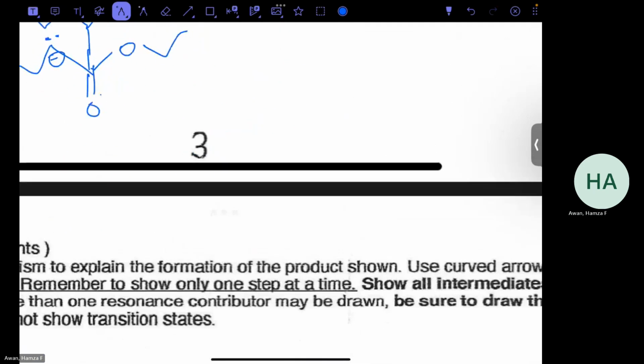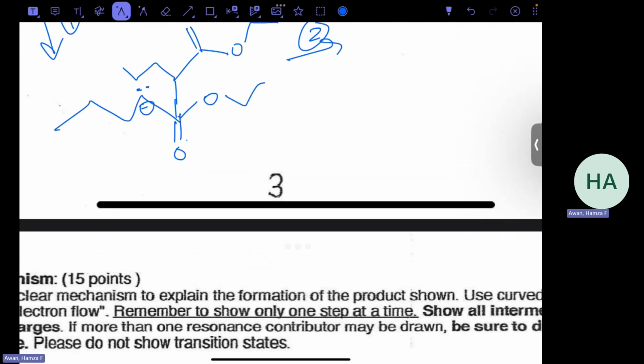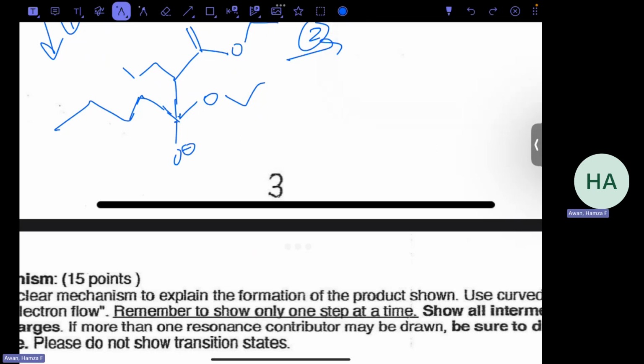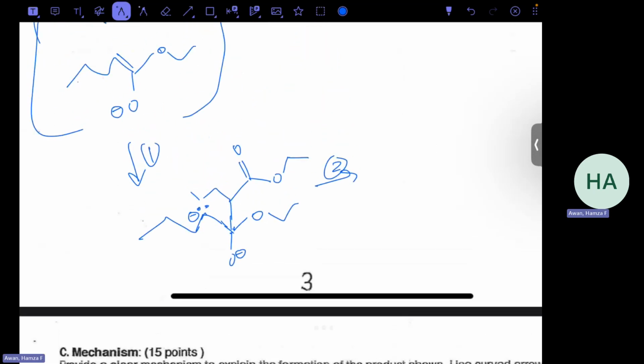Is it? Oh, it totally is. You're right. Yeah, okay, then I was wrong about that, like many things. O minus right here, not double bond. Then we just have the minus charge right here, so we have two minus charges then.